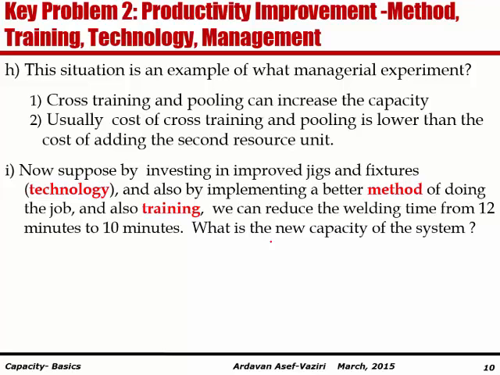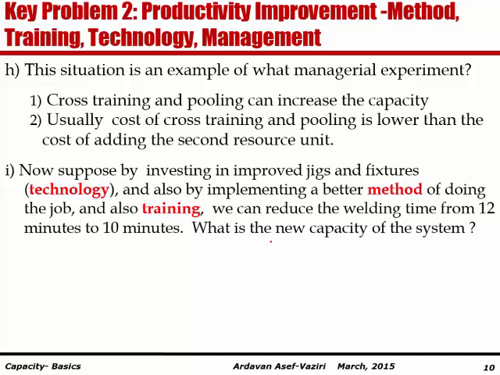Beside increasing the level of resources, beside buying new resources, an alternative way to increase capacity is cross-train human resources and pool the capital resources. That can also increase capacity. And usually, cost of cross-training and pooling is much lower than cost of increasing the level of activity.